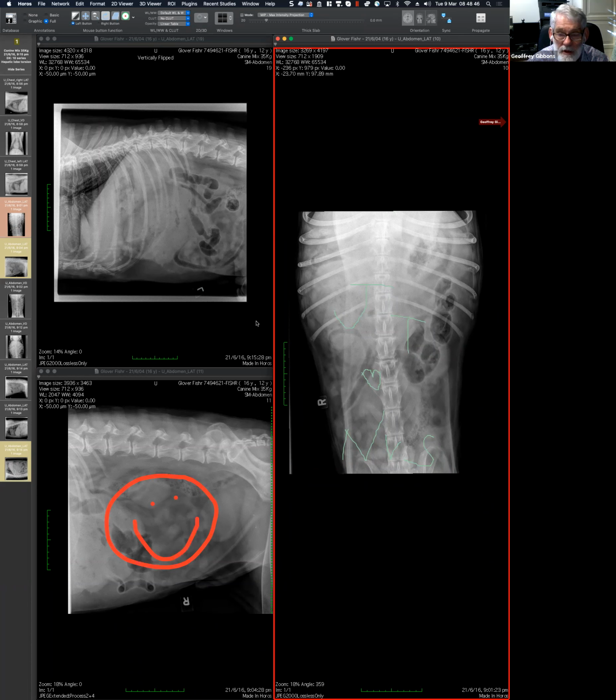If you click on annotate, then another toolbar comes up, and you can choose to draw, or you can use an arrow. And you can also choose the color you want to draw in under format. There's a colored box. And when you're finished, you just press the bin that says clear and it goes.